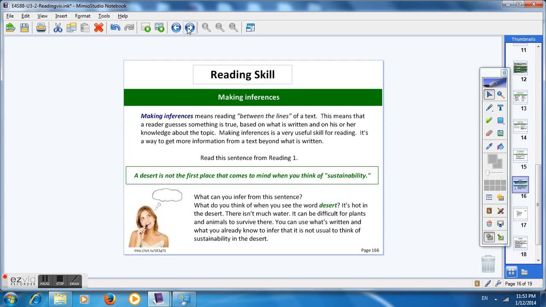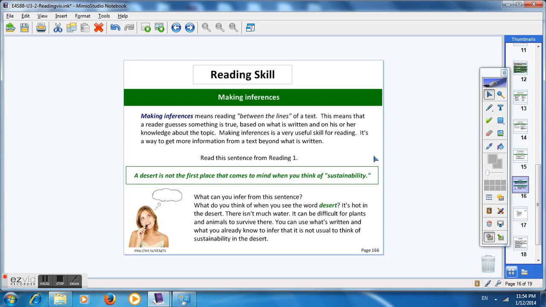Making inferences means reading between the lines of a text. This means that a reader guesses something is true based on what is written and on his or her knowledge about the topic. Making inferences is a very useful skill for reading. It's a way to get more information from a text beyond what is written.